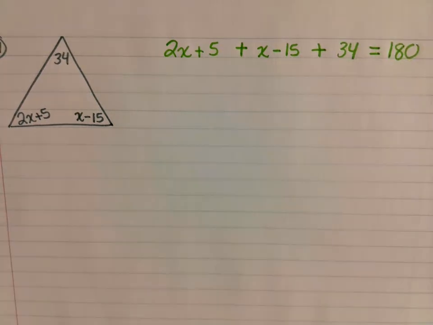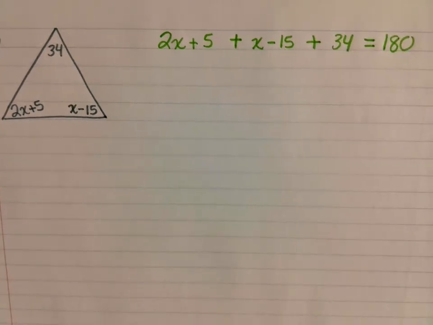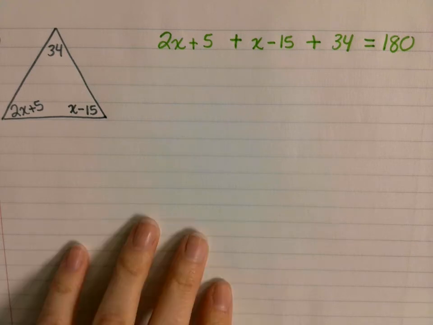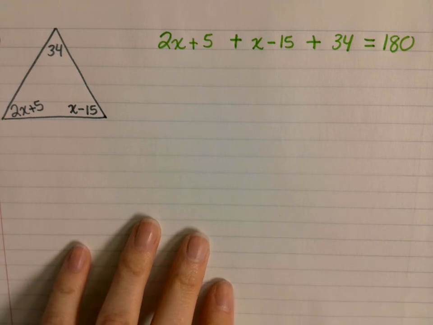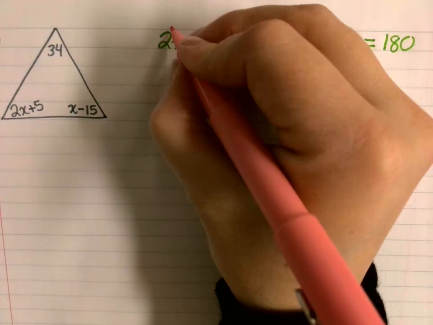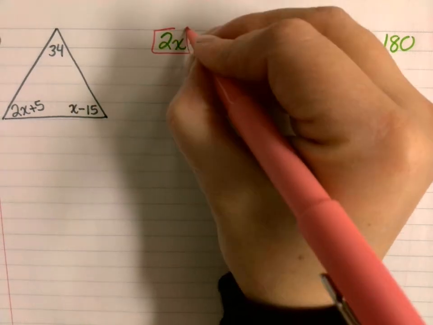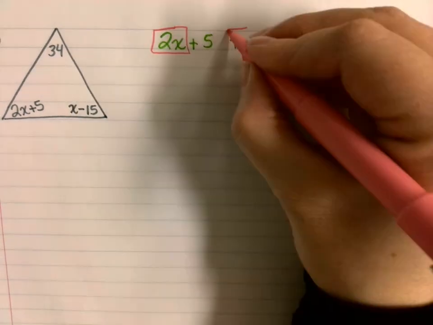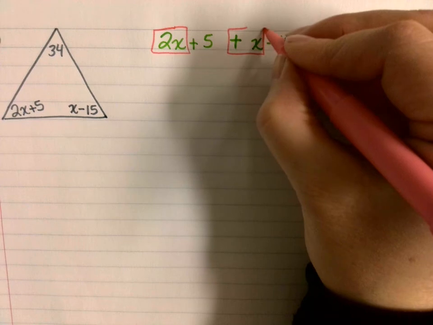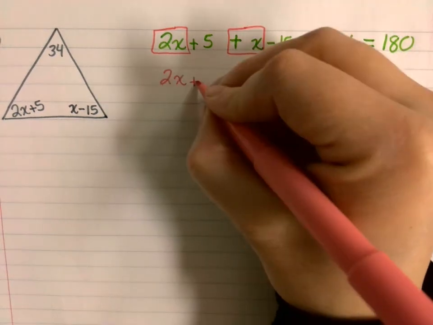To combine my like terms, unfortunately, my like terms aren't all side by side this time, are they? And we have more than one set of like terms. I have variable like terms, the 2x and a positive 1x, so I'm going to rewrite it so that they are side by side.